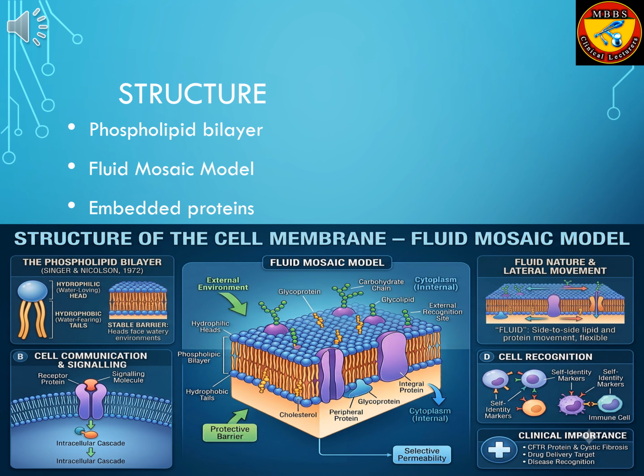The phosphate heads face the watery environments inside and outside the cell, while the fatty acid tails face each other, forming a stable barrier. Embedded within this bilayer are proteins that perform various functions such as transport, signaling, and enzymatic activity. The membrane is called fluid because phospholipids and proteins can move sideways within the layer, making it flexible.